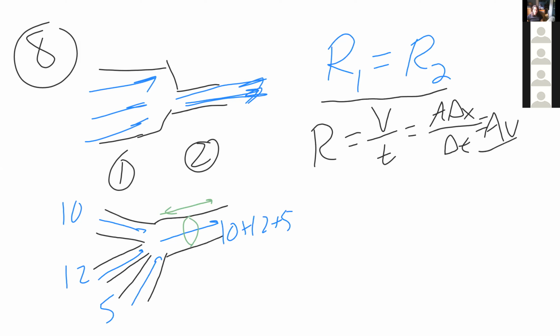So in part B, they just asked for the ratio of the speed in one of the pipes to the speed of the water in the final pipe, in terms of the speed in one of the other ones.